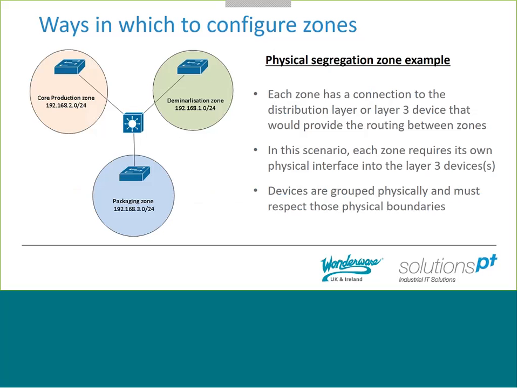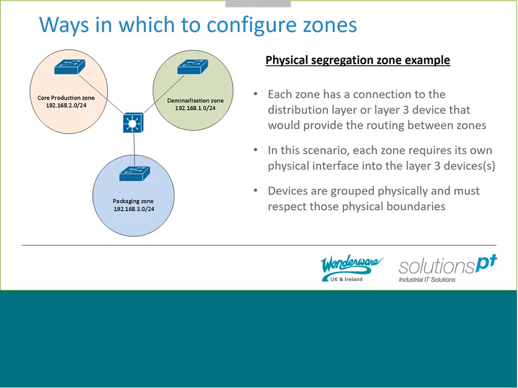So if we look at a physical segregation, you can see there we've split it down into core production zone, packaging zone, DMZ, with a layer 3 device in between. And what I would suggest, before you go on this journey, is to have a think about how you'd segregate them. Try and group your devices by common security goals.